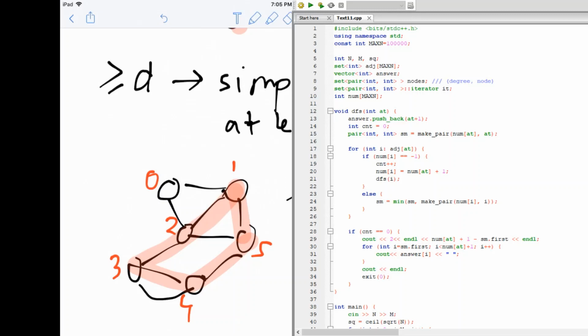Okay, so now if it's the case that count equals 0, then small will give us the neighbor with the smallest num value, which will give us the biggest cycle. So the cycle length is 5 minus, this would be 1 in this case, plus 1. And that's just for the red graph on the left-hand side.